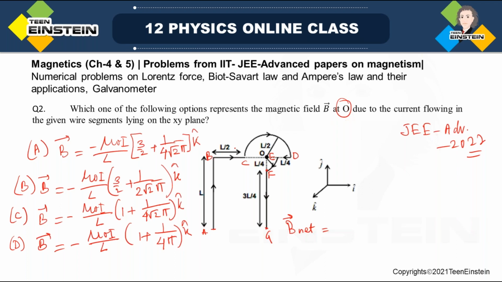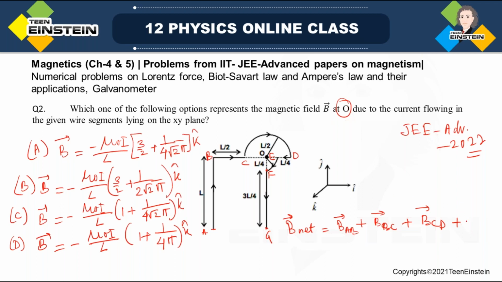Okay, so I have to calculate the magnetic field at O due to the AB part plus the BC part. Okay, magnetic field due to the CD part, right?